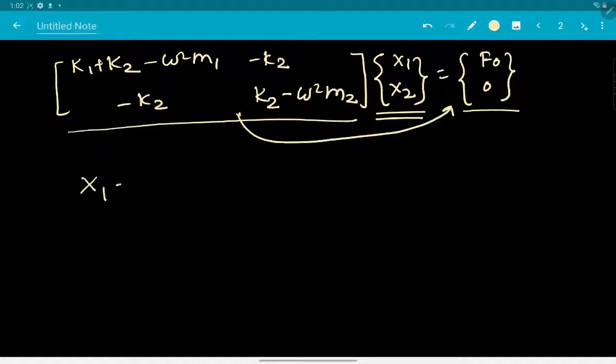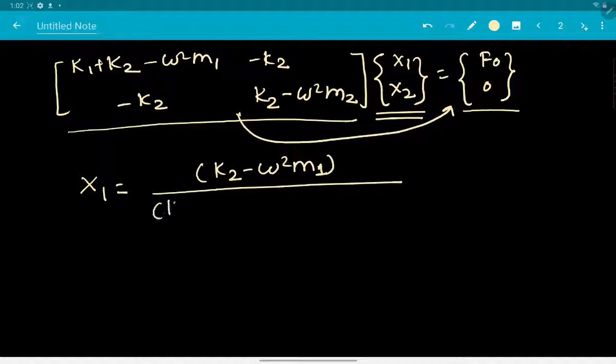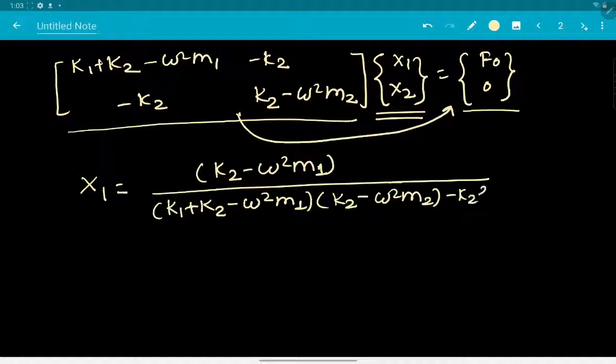I'll write down amplitude x1 directly for you, which comes out to be equal to k2 minus omega square m1, divided by k1 plus k2 minus omega square m1, then another bracket, minus k2 square. This is what is x1.